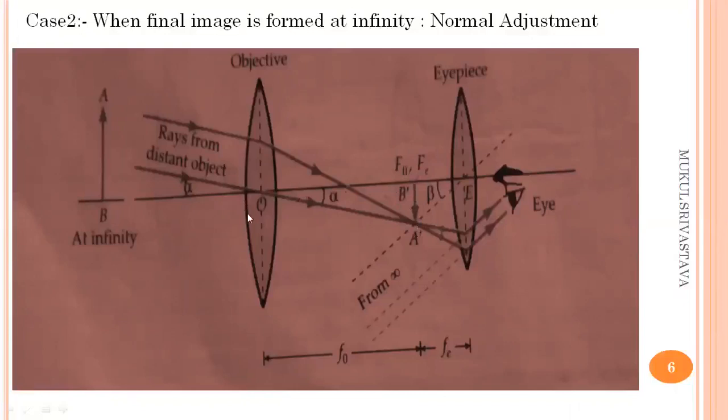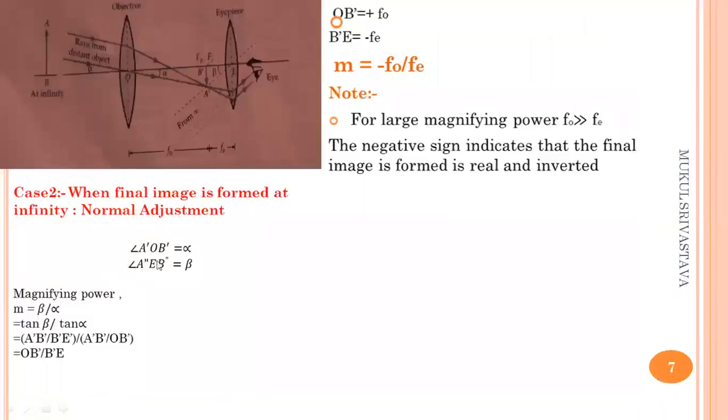So the distance of the image from the objective is taken as F naught. So we calculate the magnifying power here. Again, we already calculated this value in the previous slide. The value of M equals OB dash upon B dash E. Now in this case, we take OB dash equals F naught and B dash E equals minus Fe.